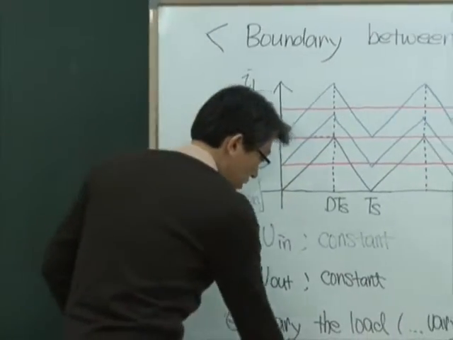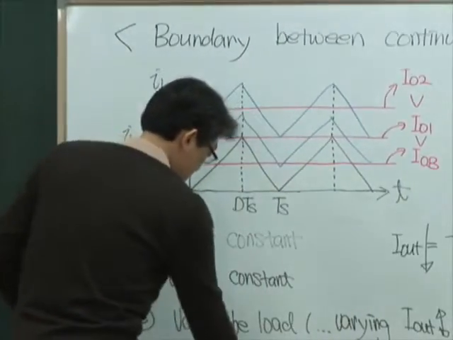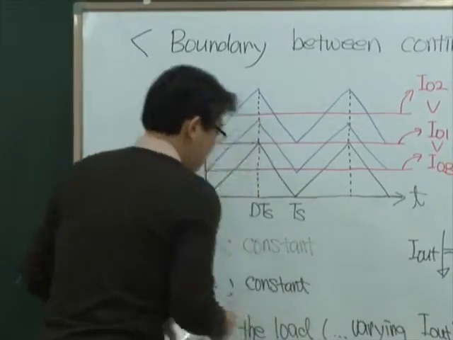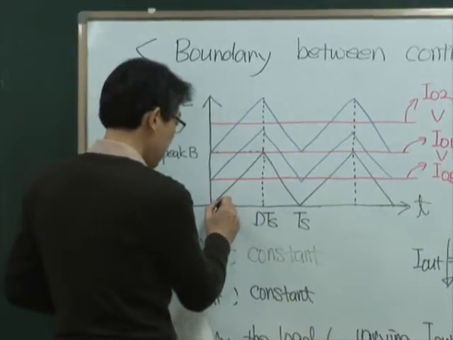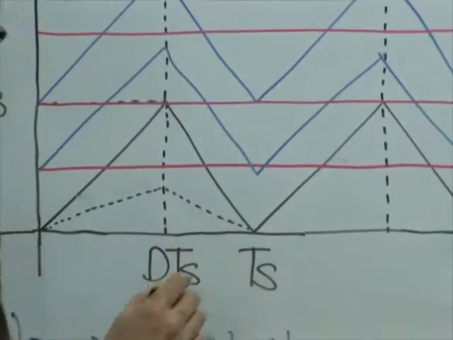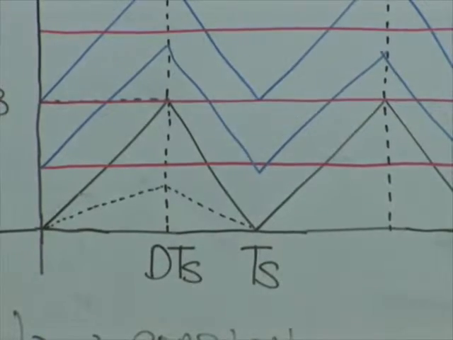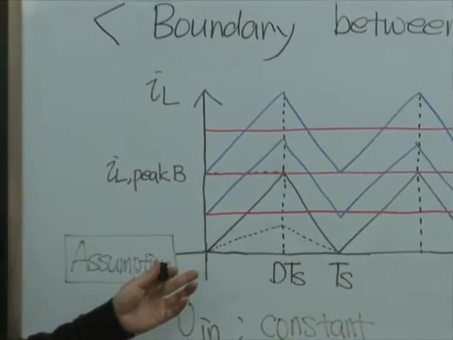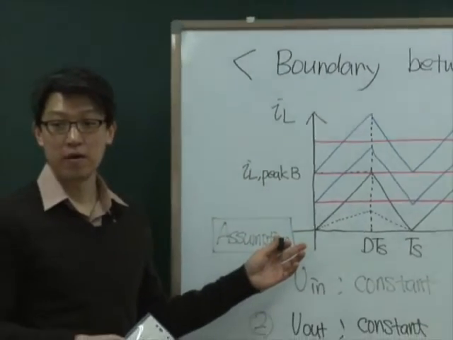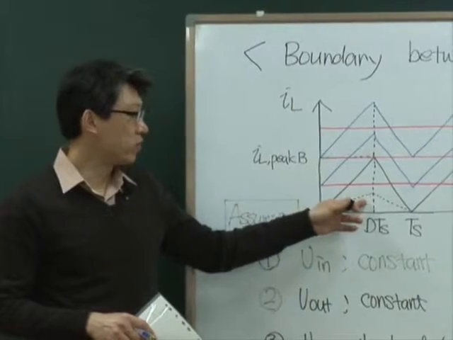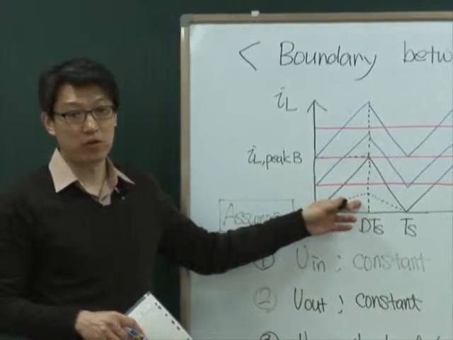자, 이렇게 될까요? 이렇게? This? Does it make sense? No. Why? The dotted waveform, I think everybody knows it doesn't make sense.